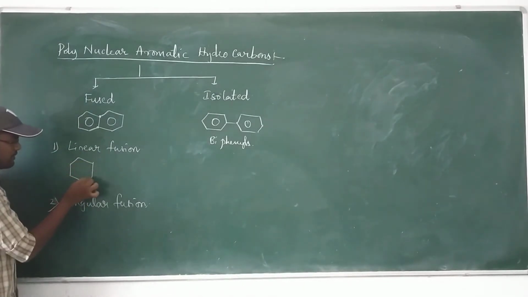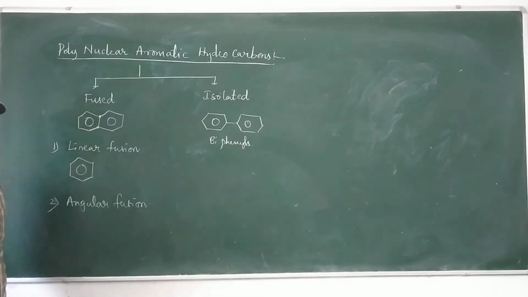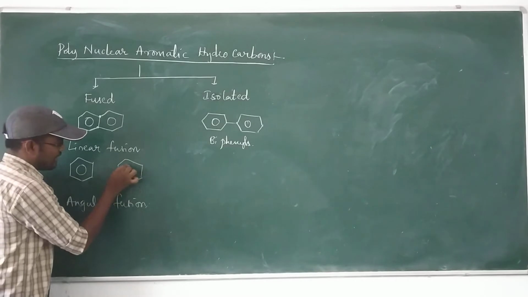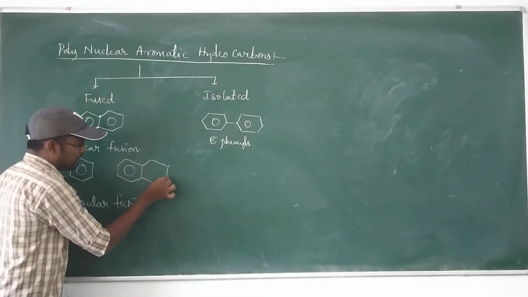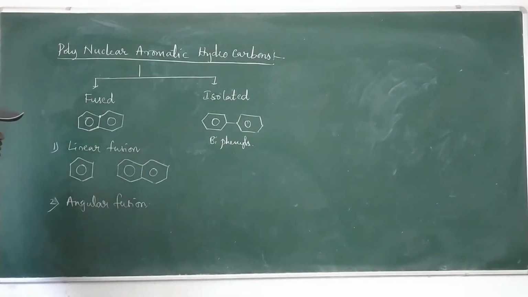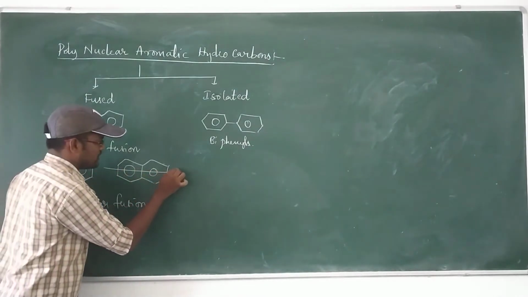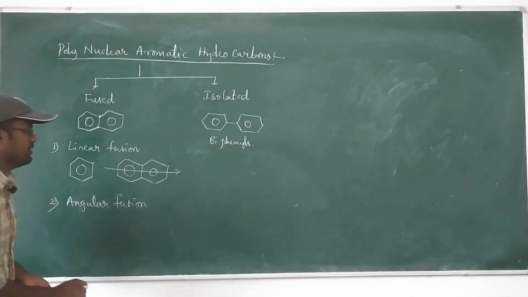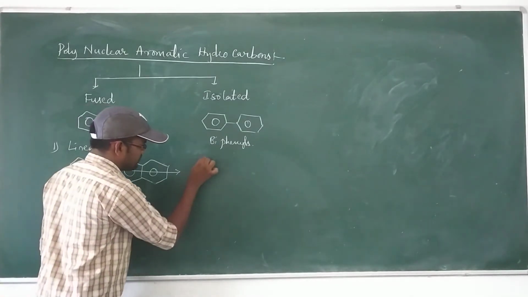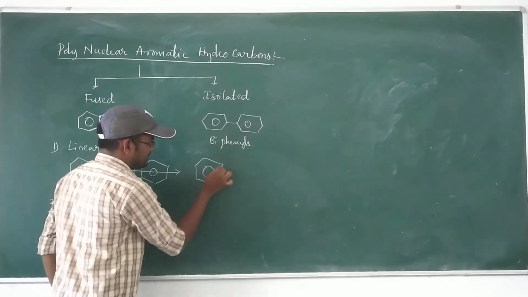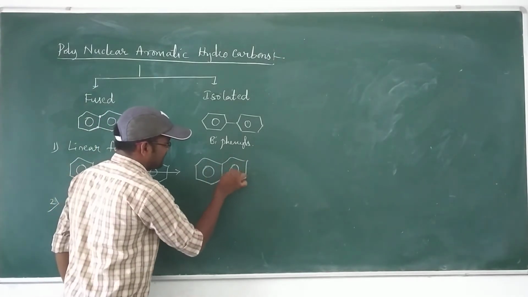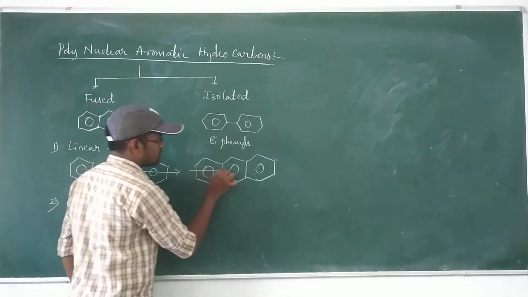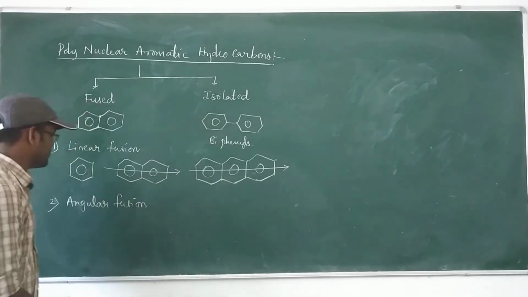This is the mononuclear aromatic hydrocarbon, simplest benzene. Second one is naphthalene, where the fusion is linear. Third one is anthracene, in which three rings bind with linear fusion.